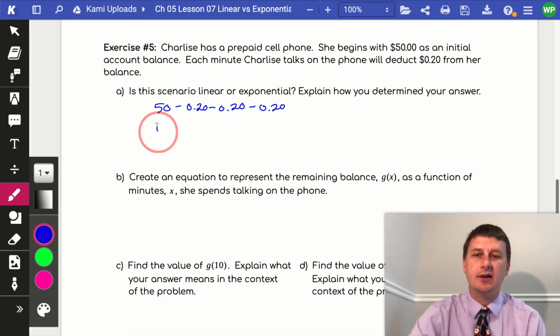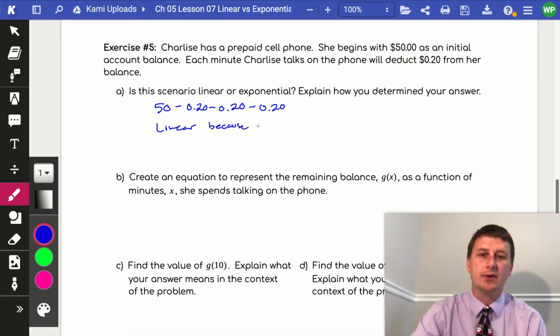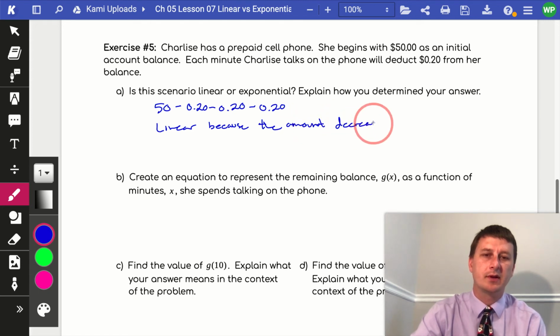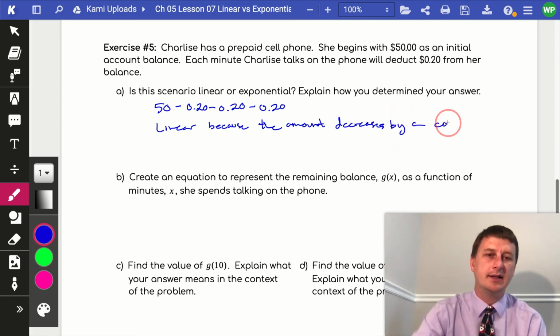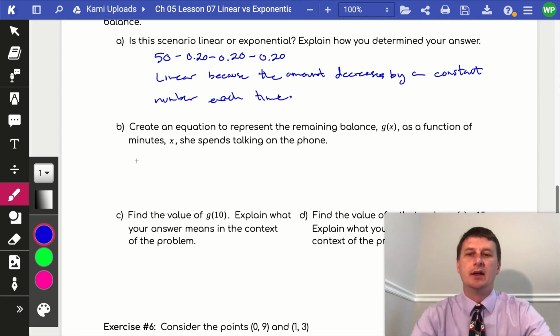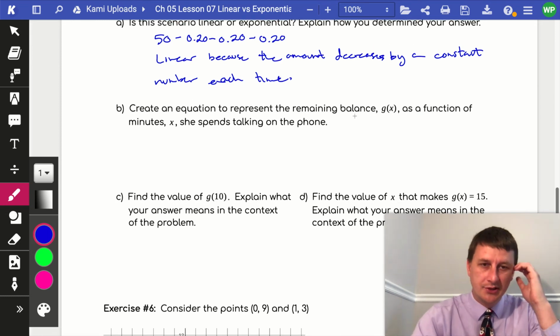So this is going to represent a linear function because the amount decreases by a constant number each time, which is 20 cents.